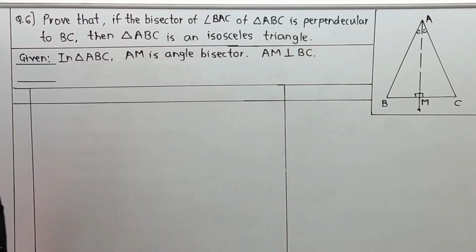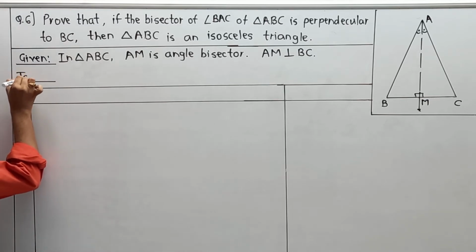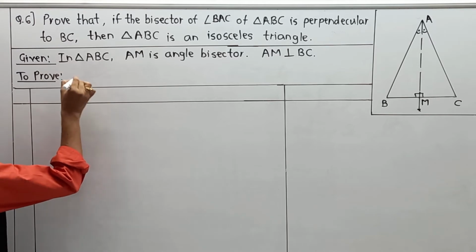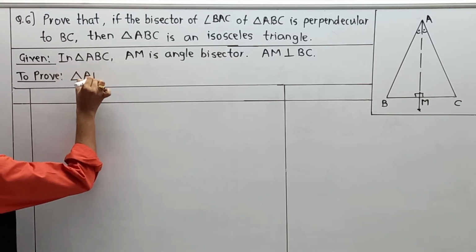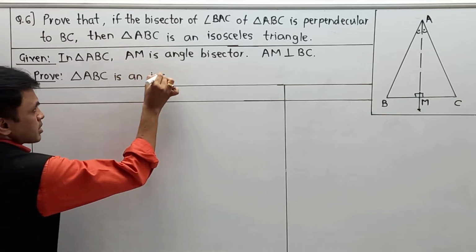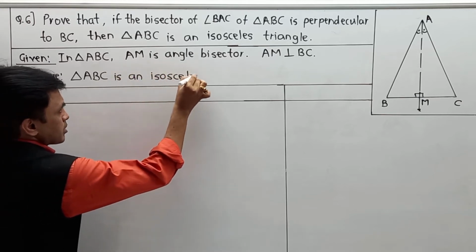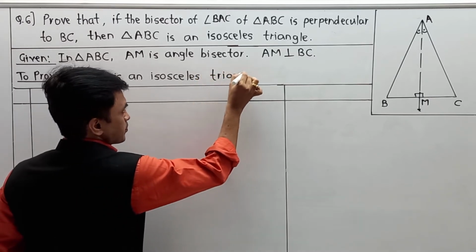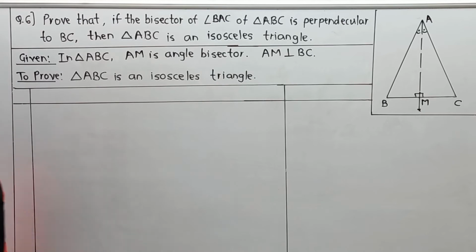That part is given over here. Now we have to prove that. To prove: triangle ABC is an isosceles triangle, which means its two sides are equal.